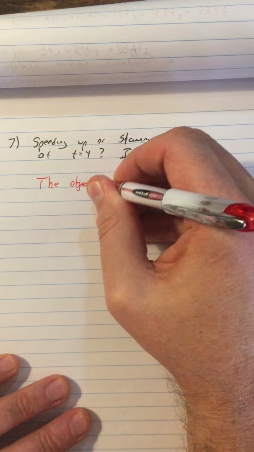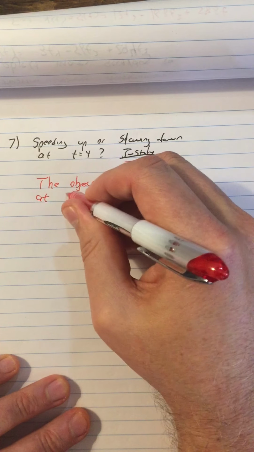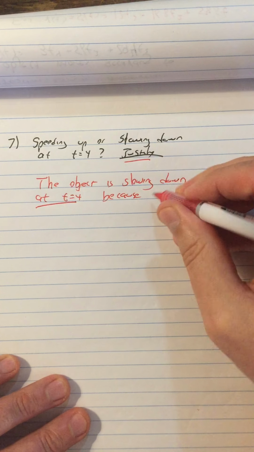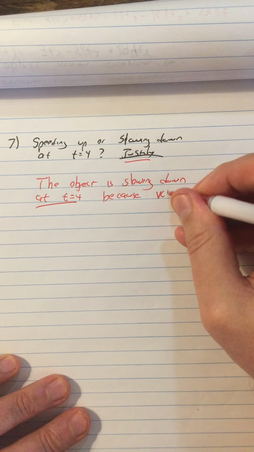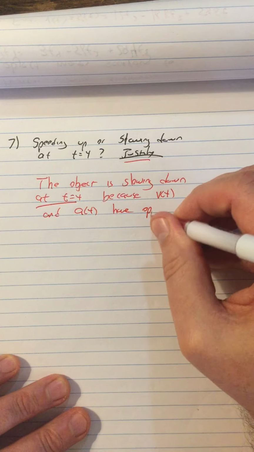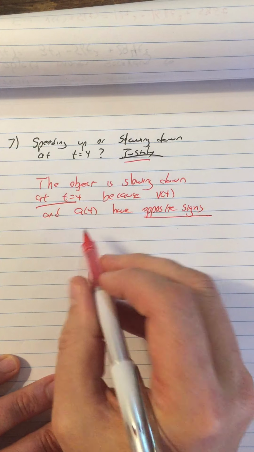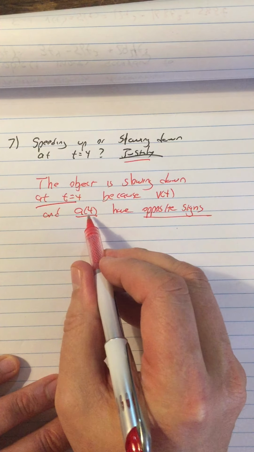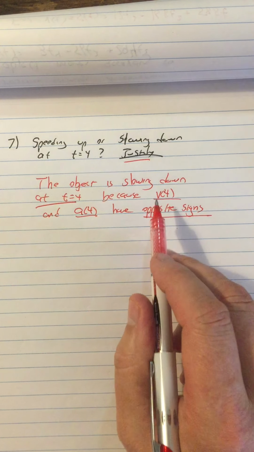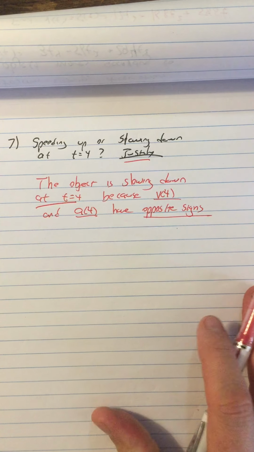The object is slowing down at t equals 4, and we have to say at t equals 4 because it's not always slowing down, because V of 4 and A of 4 have opposite signs, and that's the justification. You have to specify the value you're evaluating at, so you can't just say the velocity and acceleration have opposite signs. You have to say the velocity at 4 and the acceleration at 4 have opposite signs. That's a full justification for this.